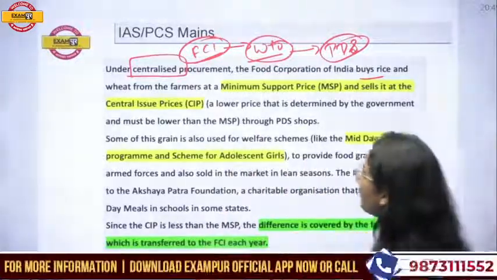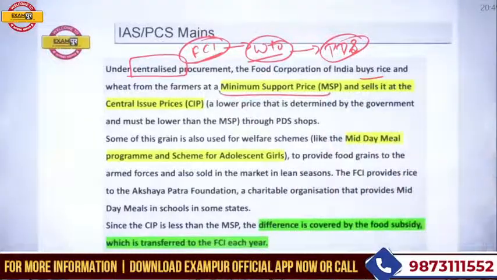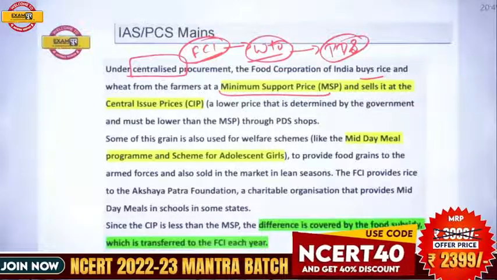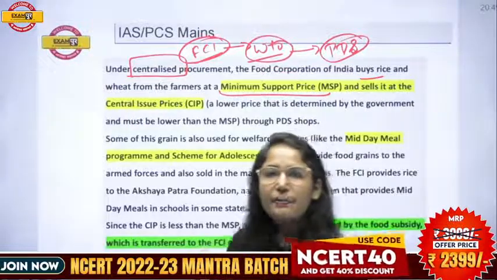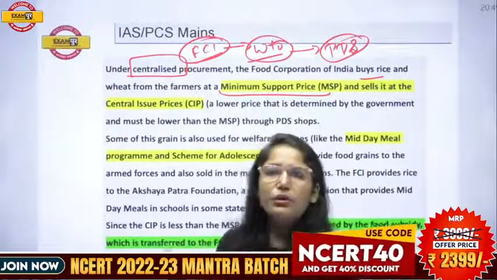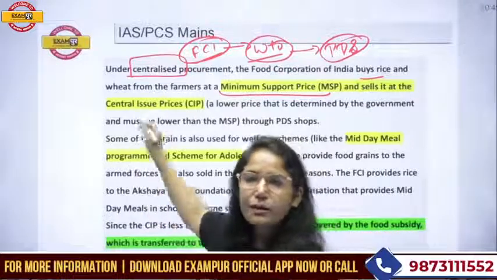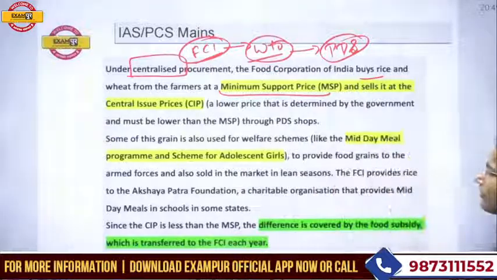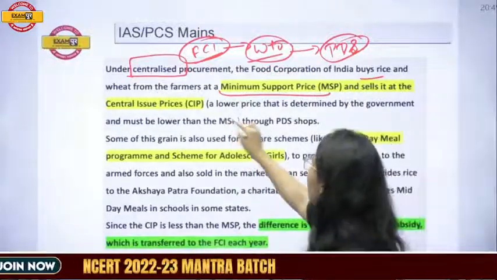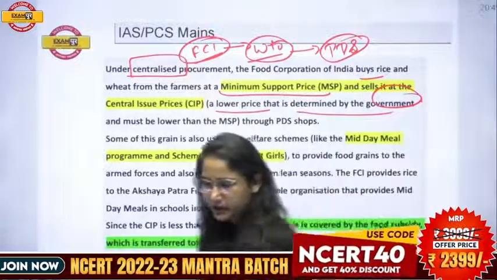What do we mean by the minimum support price? This is the minimum price. At least this would be allotted to the farmers. Minimum support price. Are you getting my point? This is the minimum level. Government is going to provide the payment at this rate for the food grains they are producing in the market. Next is the central issue price. These are the lower prices determined by the government, must be lower than the MSPs.